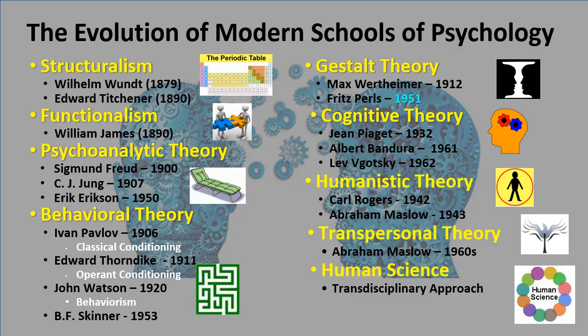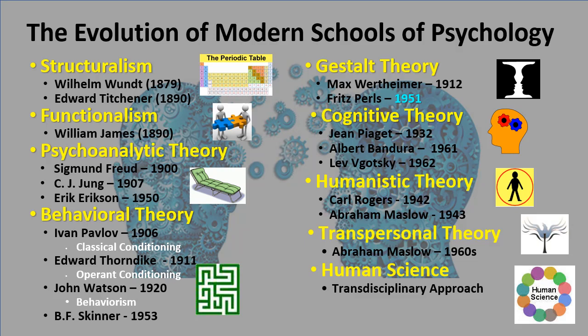The fact is they've all been going on at the same time. Some of them were the response of other things. So functionalism was a response to structuralism. James disagreed with Wundt. Now both of those things have been absorbed into the other theories.